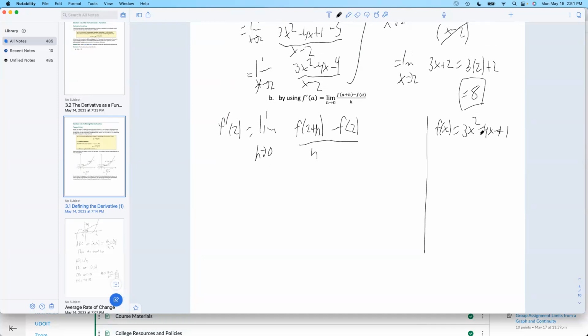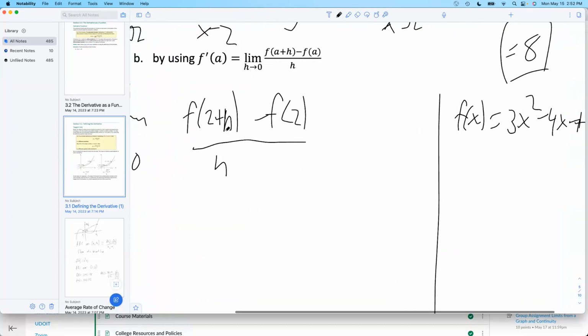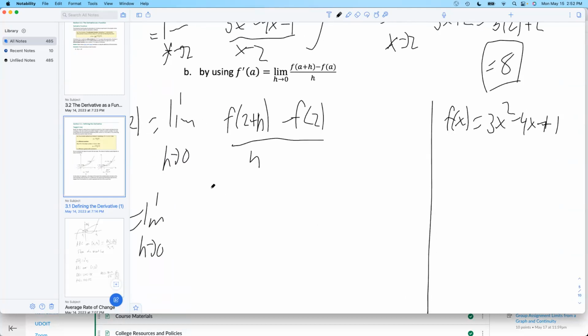That means rewrite the entire function, but now, instead of writing x's, every place I see an x, I'm going to write 2 plus h in parentheses. So this will be 3 times 2 plus h squared minus 4 times 2 plus h plus 1.